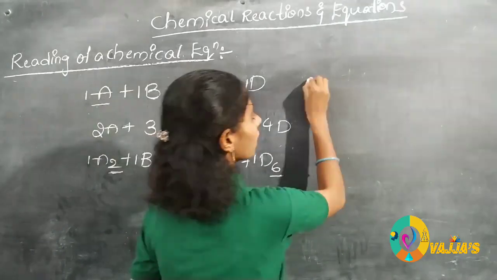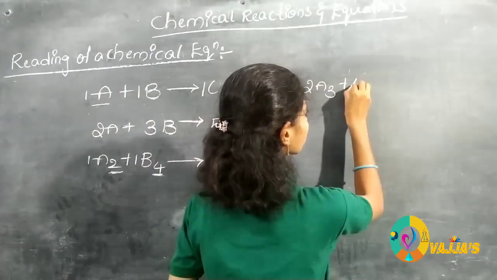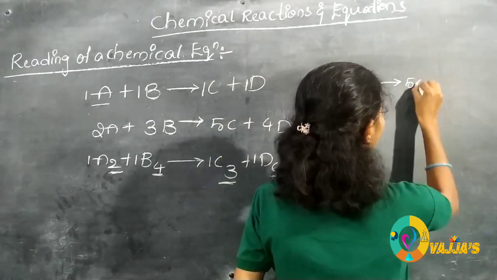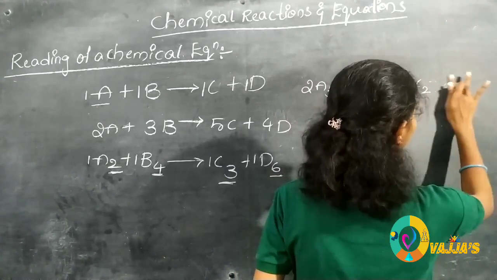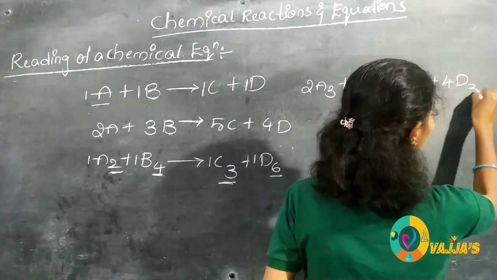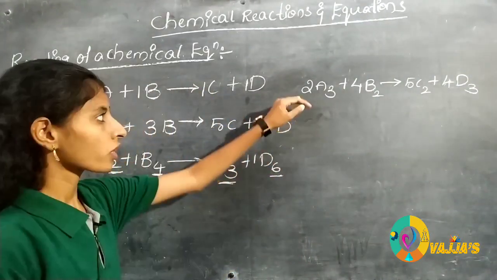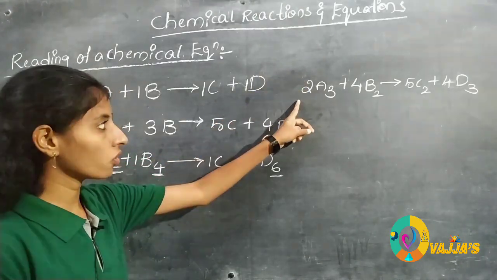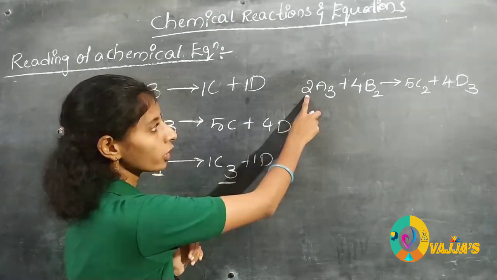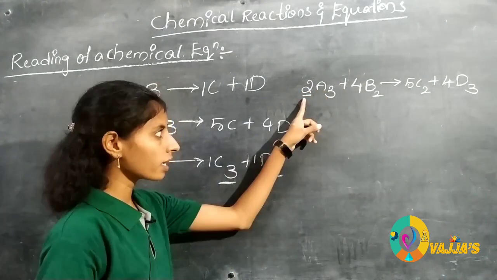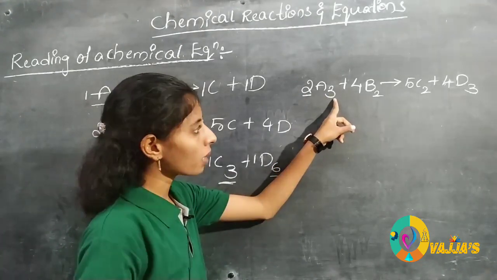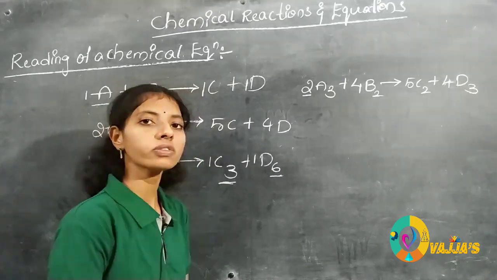For example, if we have like this, now see, here we have both coefficient as well as subscript. We know before the substance the number indicates the number of molecules. When the number is taken as a subscript, that indicates the number of atoms.